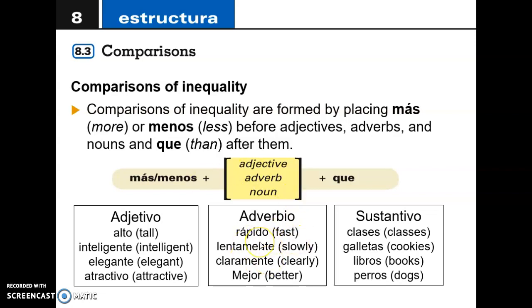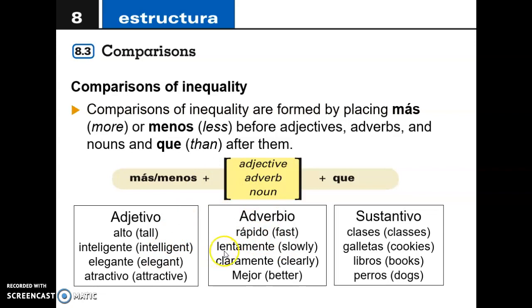Another thing, and we are describing the way that I study or the way that I learn. We're not describing a noun, we're describing the action or a verb. That's why they are called adverbios or adverbs. Okay, let's go with the second one. Let's say that we're talking about walking, okay?